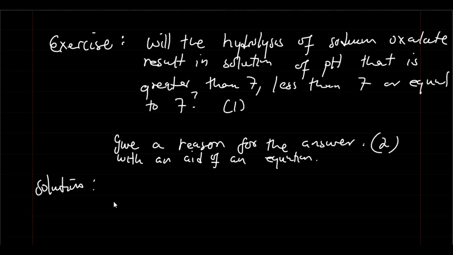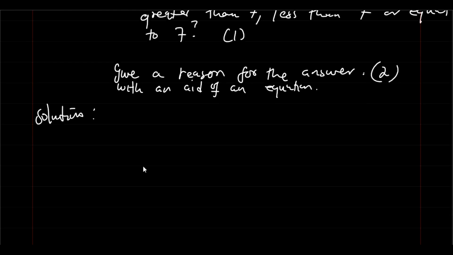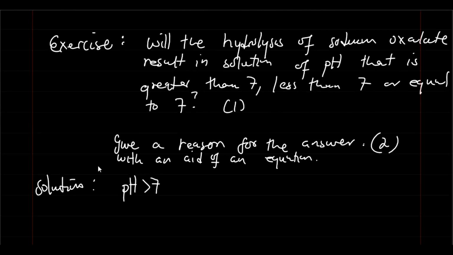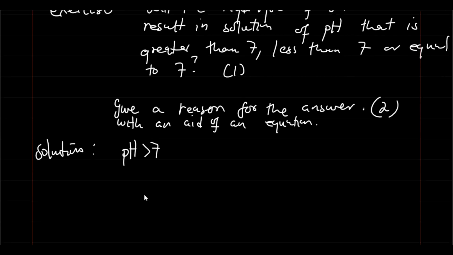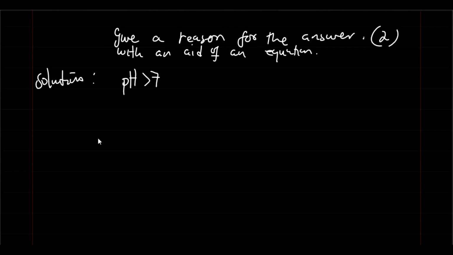With hydrolysis of a salt resulting from a weak acid and a strong base, we will say pH is greater than 7, because the stronger substance wins, which is the stronger base, right? The acid is a weaker acid, so it's not going to win. So the strong base will win. But why? Explain using an equation.